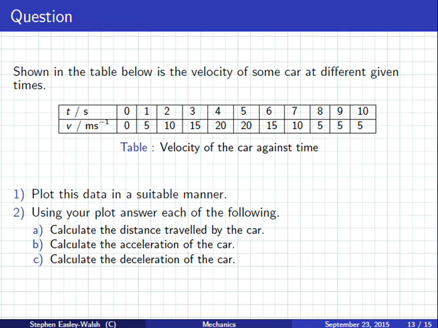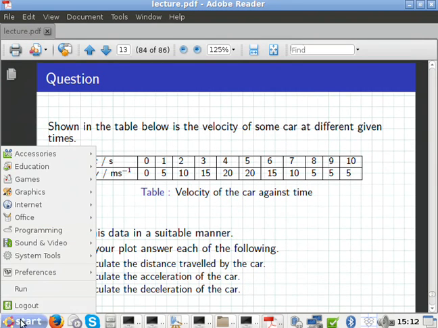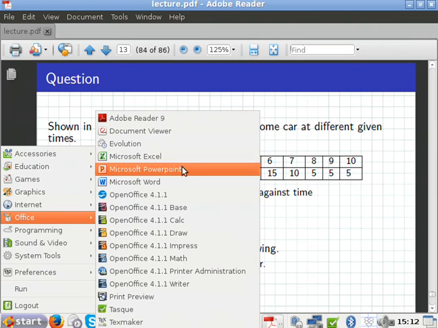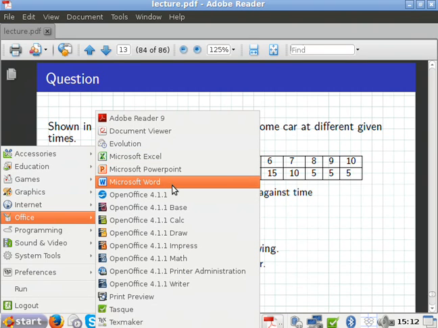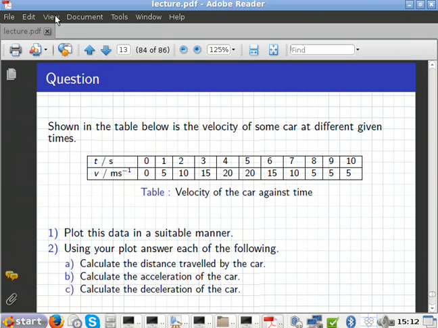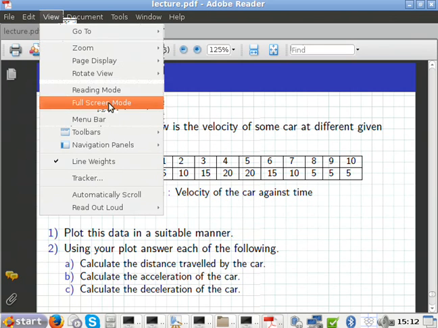Okay, so first just write this data down, this table here. And while you're writing that down, my graphing program can be loading.